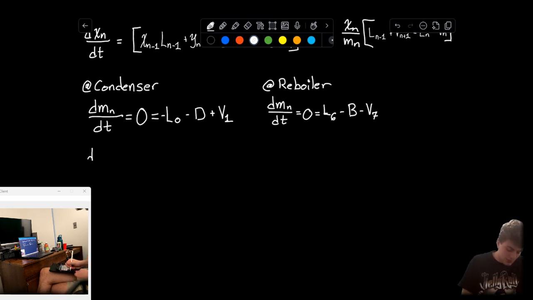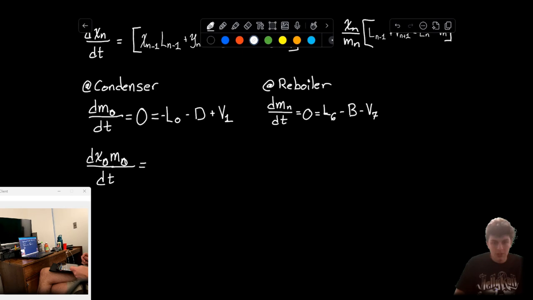So let's also look at our dxn/dt for our condenser. Well, I guess we could call this naught, right? Because we're at the 0 stage. This is, again, above the entire system, right? So change should be 0.